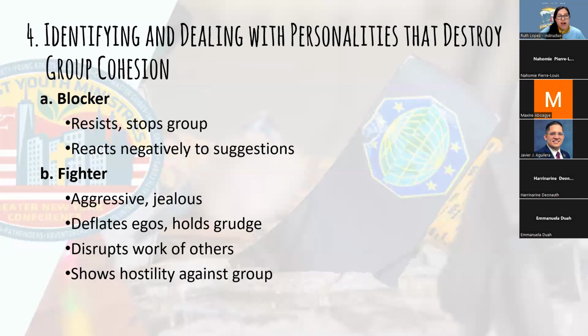Right? We have the fighter. We have a person who is aggressive, jealous, deflates egos, holds a grudge. The one that says, I forgive, but I don't forget, disrupts the work of others, shows hostility against groups. So this person, most likely when his or her opinions are not heard, becomes upset, is the one counting, keeping a record of things, right?